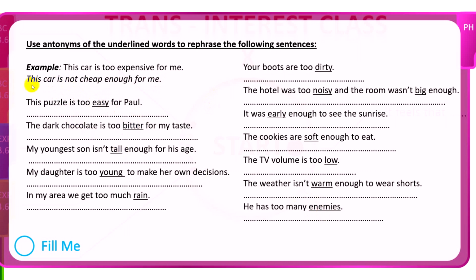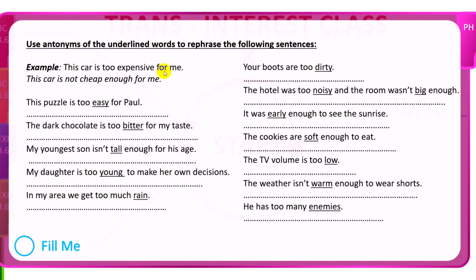And then you make the statement using difficult, like this example. This car is too expensive. Expensive is the antonym of cheap. So you make this sentence using the adjective cheap, but this sentence should have the same meaning as the previous sentence.